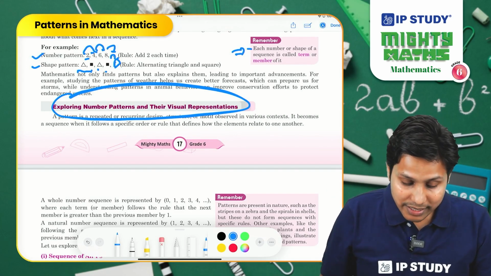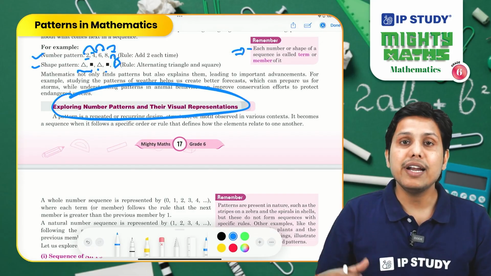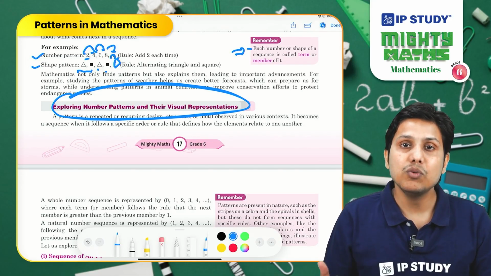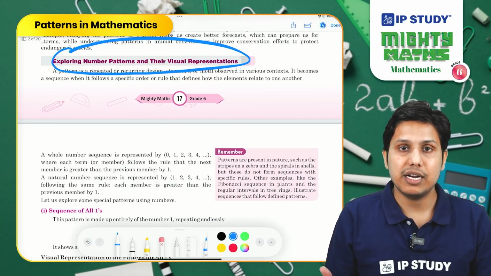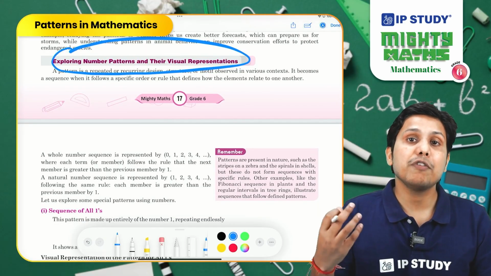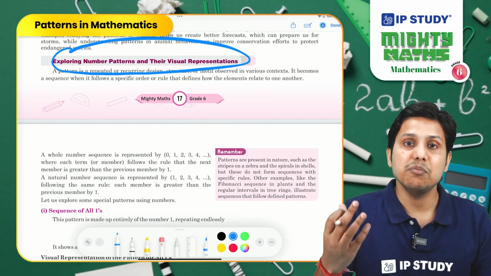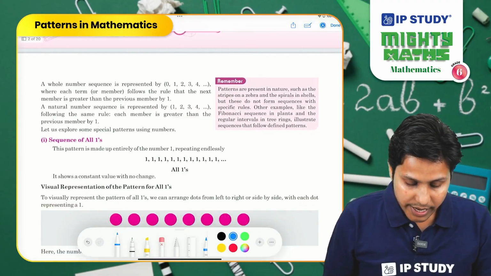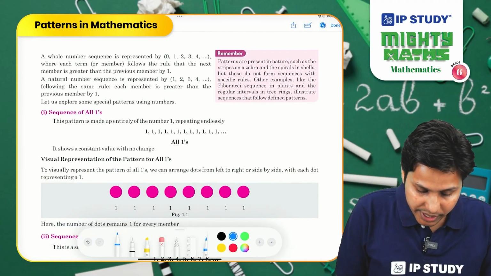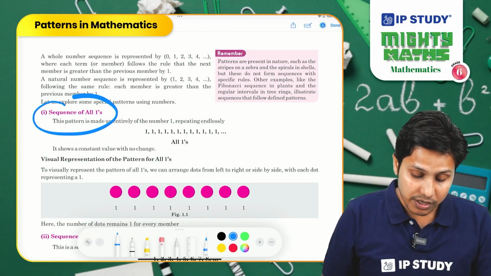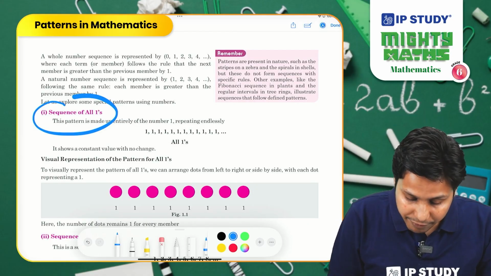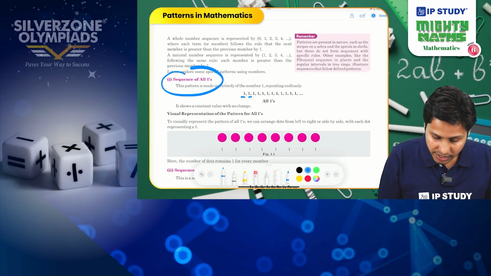Now let's move to the different number patterns that we are going to cover in this topic. So students, there are various number patterns and we will cover some of the famous number patterns that we have in mathematics. Now students, here the first topic is sequence of all ones. It means in this sequence every member or every number is one itself.